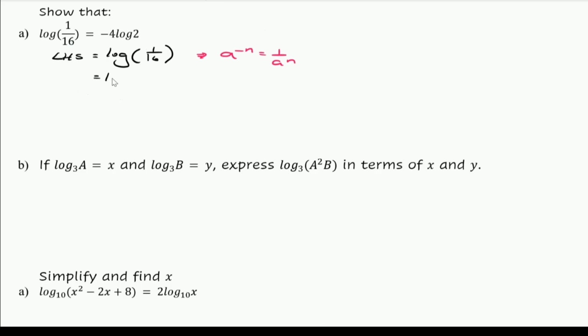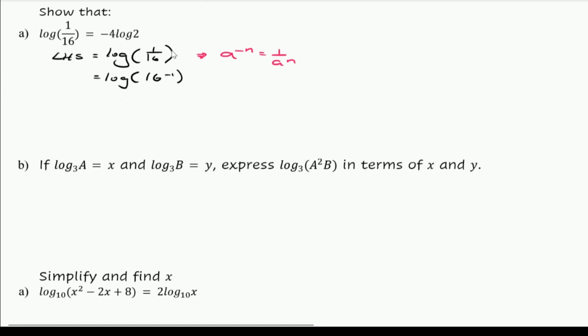So this is going to become that log, and remember we imply that there is a base 10 here because there is nothing that has indicated what base this is. So then this is going to be 16 to the power of minus 1. And remembering because of this minus 1 here, I can use my log law number 6.